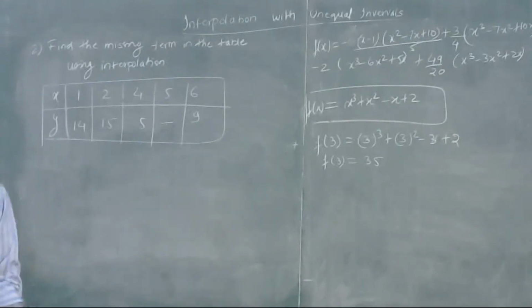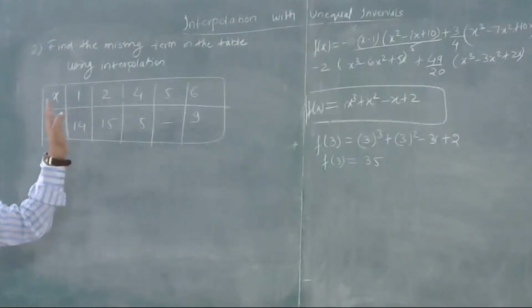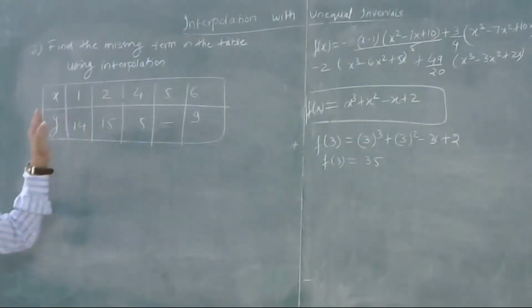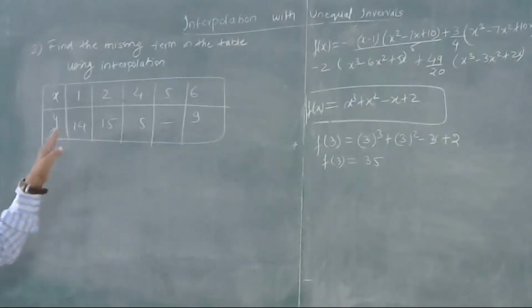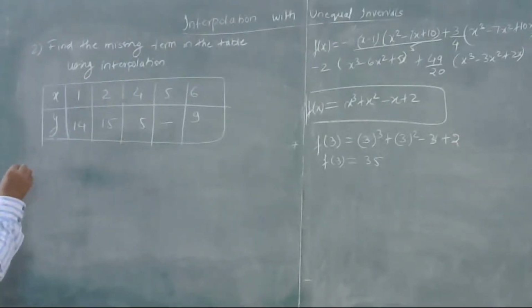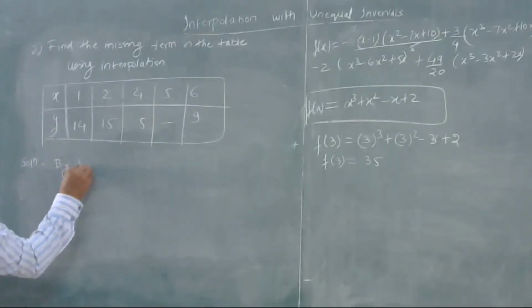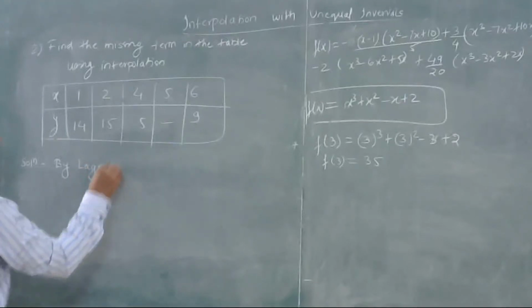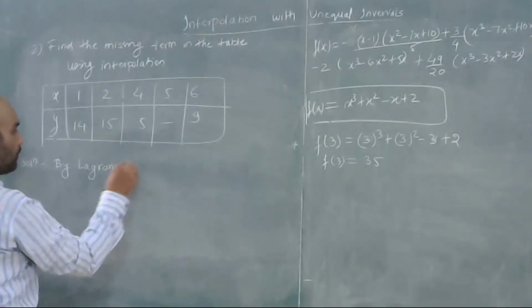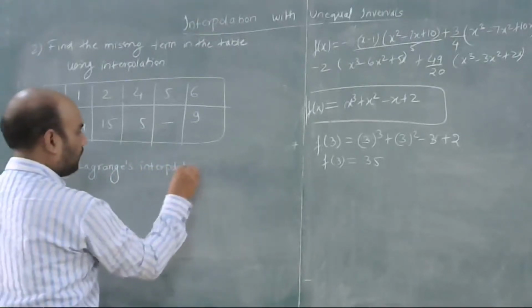Okay, so if they are equally distributed, then use the finite difference method. Okay, and when unequal interval is given, we go with Lagrange's interpolation formula.